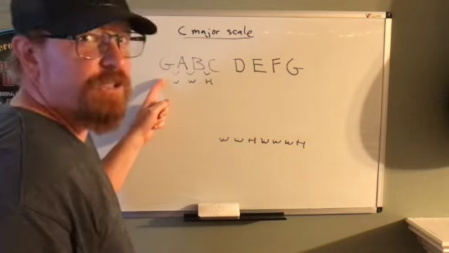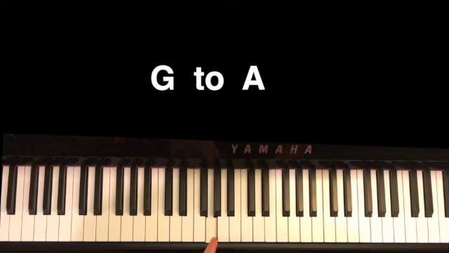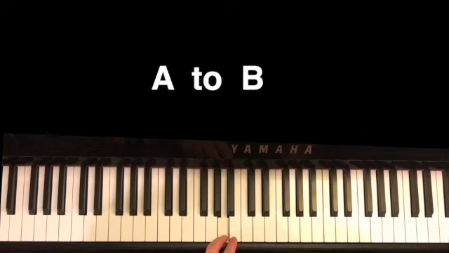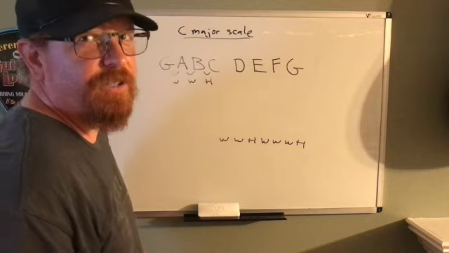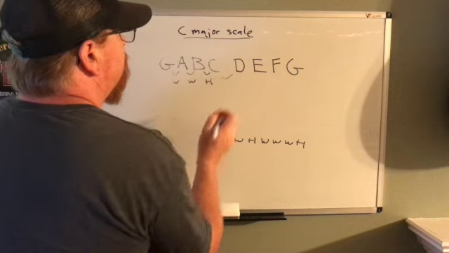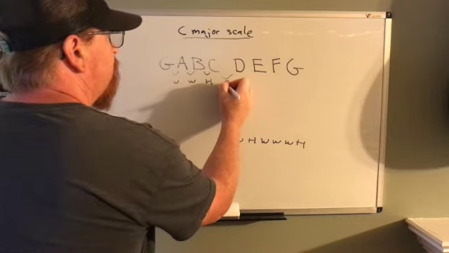So now we've got G to A, and it's a whole. A to B, and it's a whole. B to C, we have our first half. The jump, as expected, was a whole.